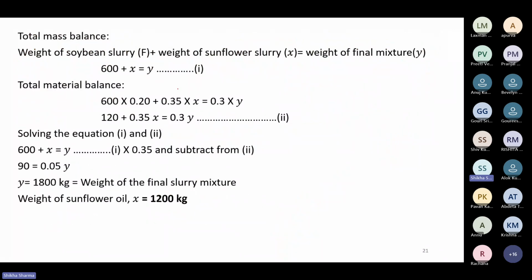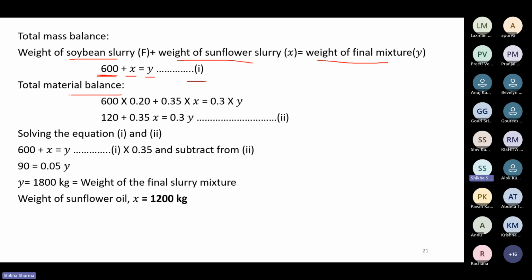So weight of the soybean slurry plus weight of the sunflower slurry equals weight of the final mixture. So 600 plus X equals Y, which is our equation 1.